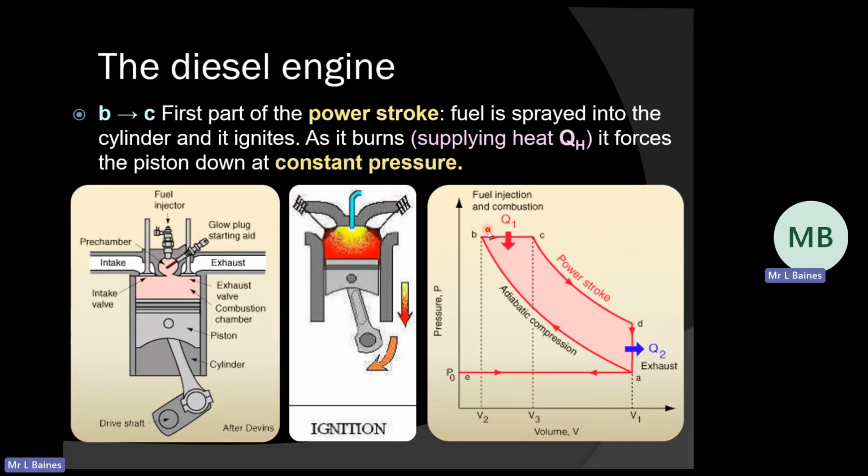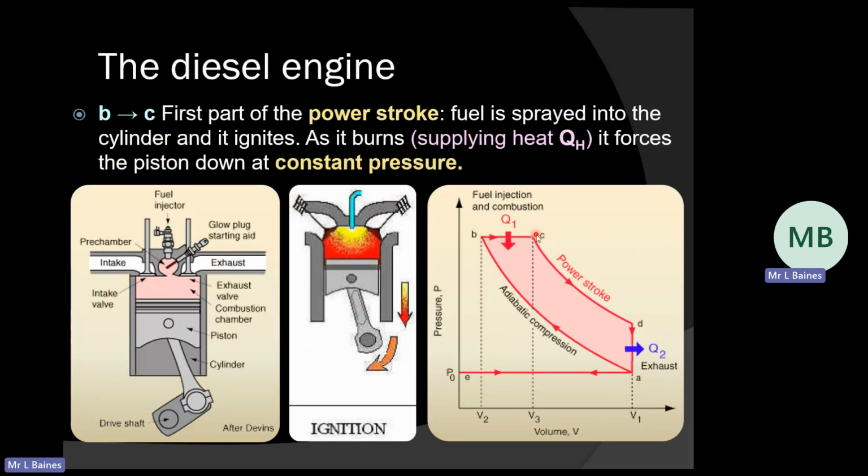So that's why this looks slightly different. On my petrol diagram, I had a vertical line here where I ignite the fuel and the pressure increases rapidly. Here, I already have very high pressure, and as the fuel ignites, instead of increasing the pressure, it forces that piston down.